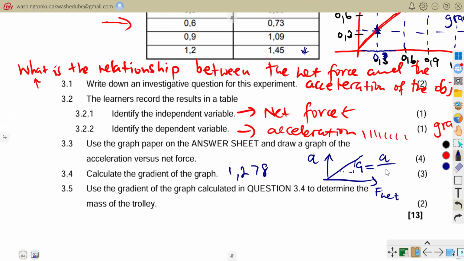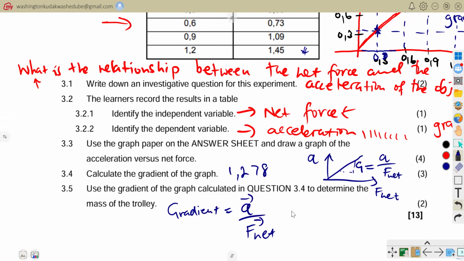To acceleration over net force. So you would see that my gradient here is simply equal to acceleration all over my net force.